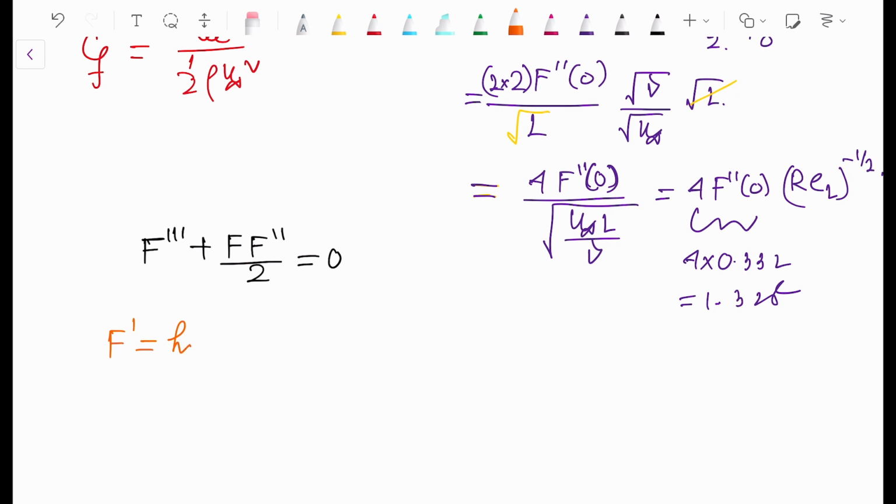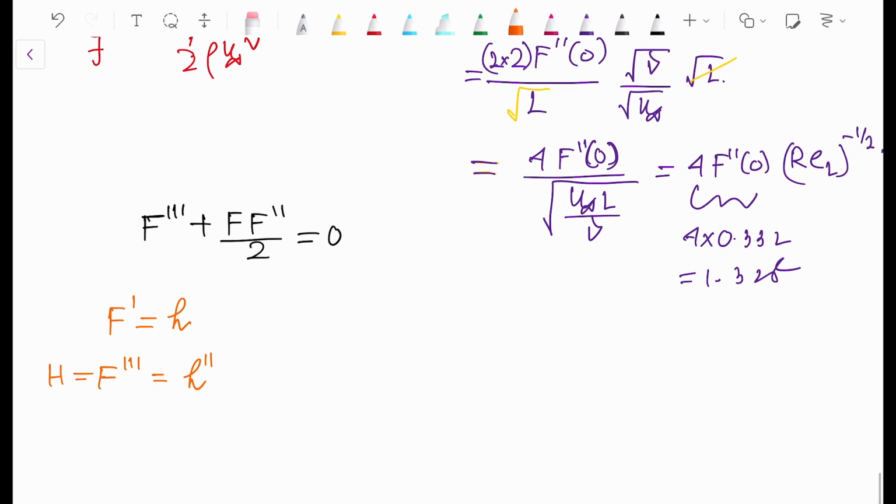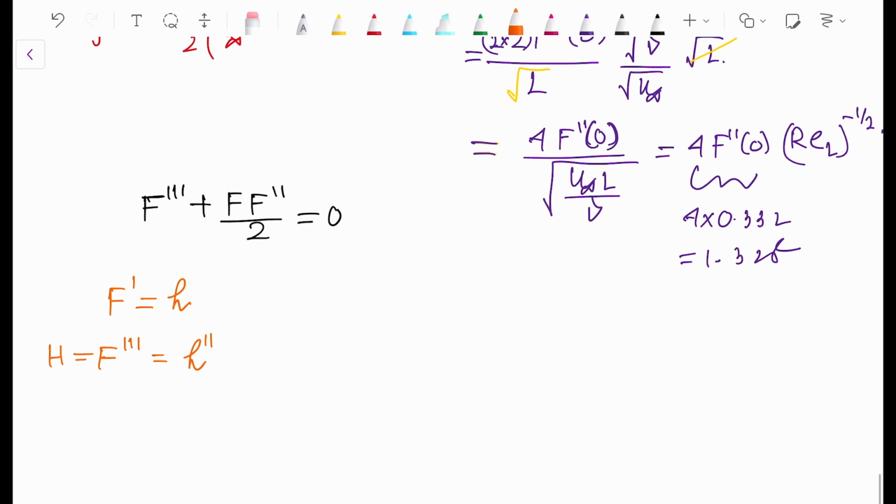Then f triple dash will be h double dash, and that I defined as the capital H, so capital H equal to this, right?